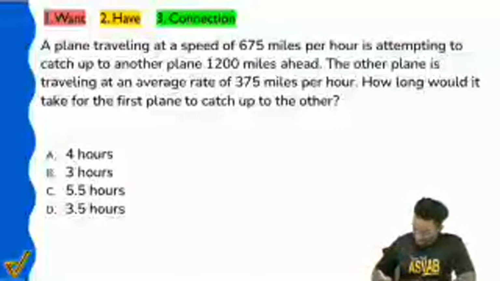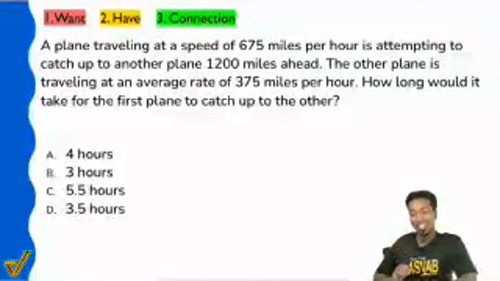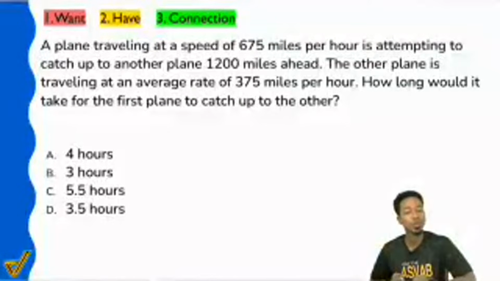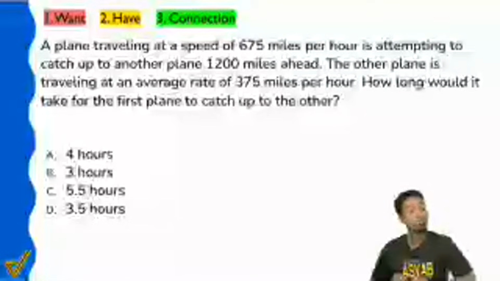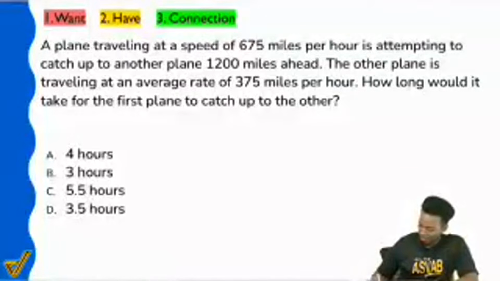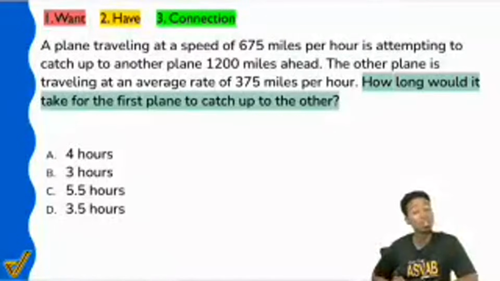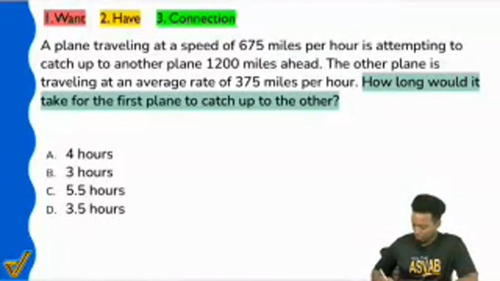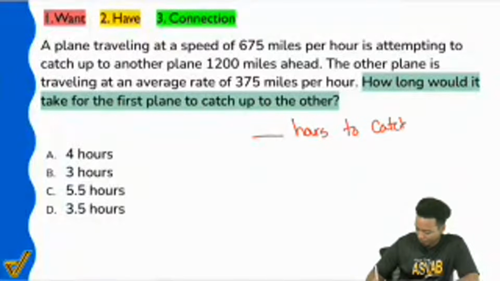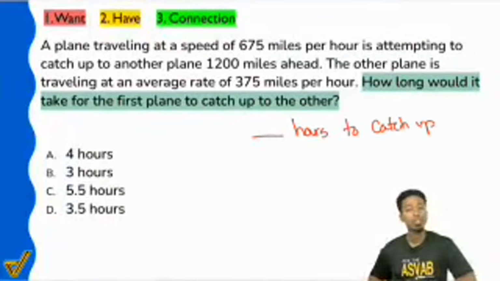So right there, that might hint that if we have two rates, we might actually subtract those rates. I don't know, you tell me. Let's find out. Again, how long would it take for the first plane to catch up to the other? We'll write out blank hours to catch up. Perfect. Let's read through the information.